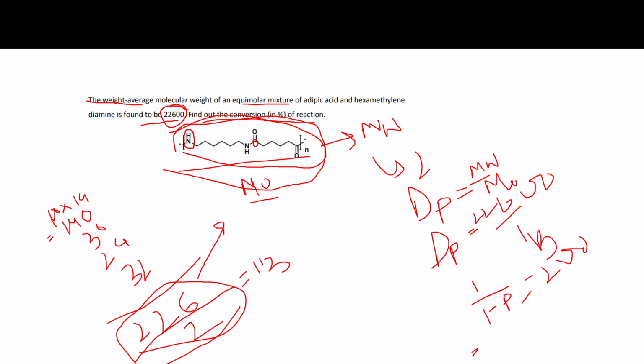So now it will be easy to calculate the p value. It will be like this: 200 minus 200p equal to 1.